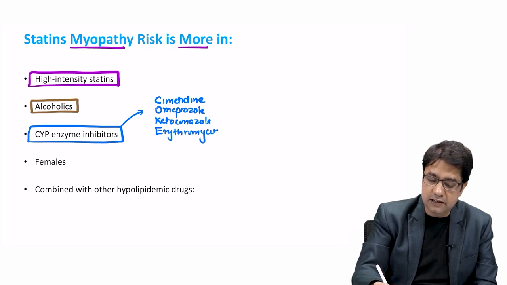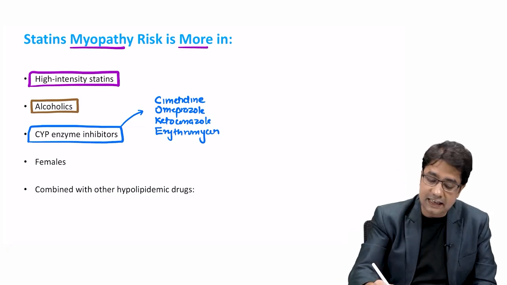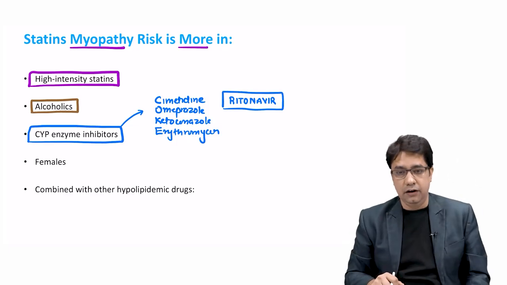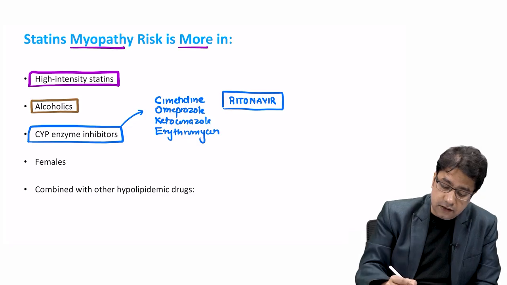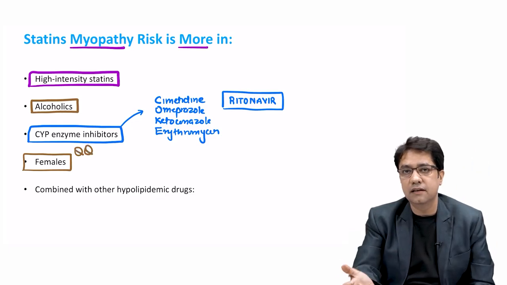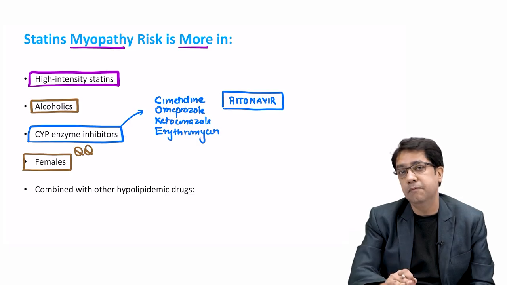Now one drug needs special mention. That is one drug for HIV, which is also a CYP inhibitor, that is ritonavir. Okay, ritonavir. Now a recent question, risk of this myopathy is more common in males or females? It is more common in females.